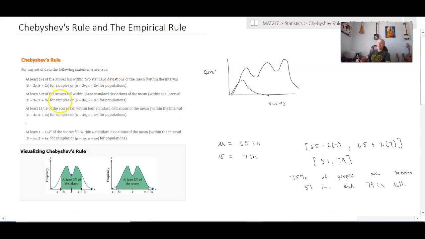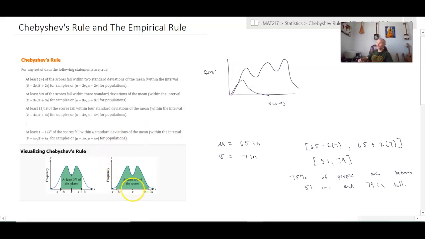So if you wanted to know 8/9, which is roughly speaking just over 90%, then you would look at people within 3 standard deviations of your mean. So in that case, it would be 65 minus 3 times 7 and 65 plus 3 times 7. And then we could say that whatever 8/9 is, 89%, let's say, of people fall within 3 standard deviations of that mean.